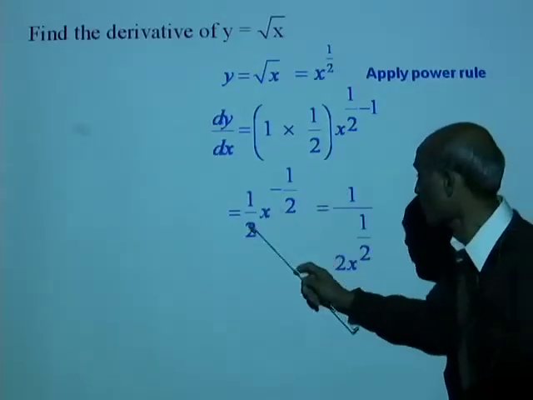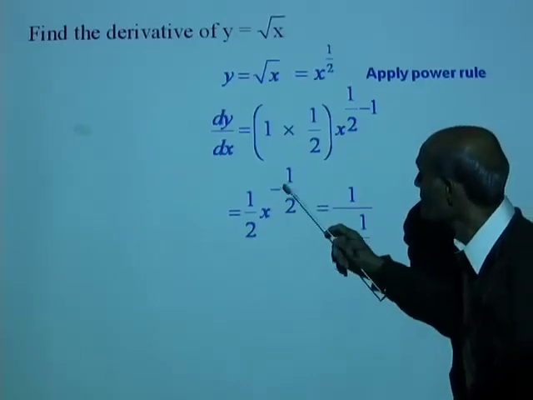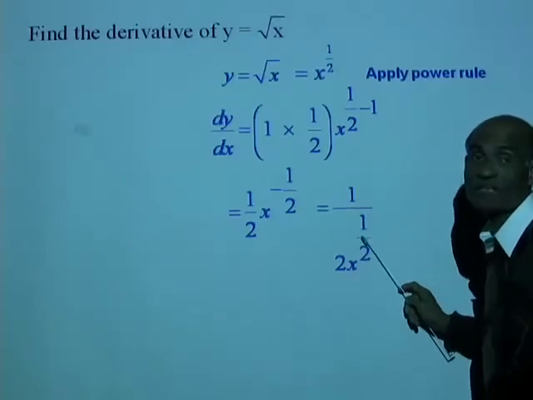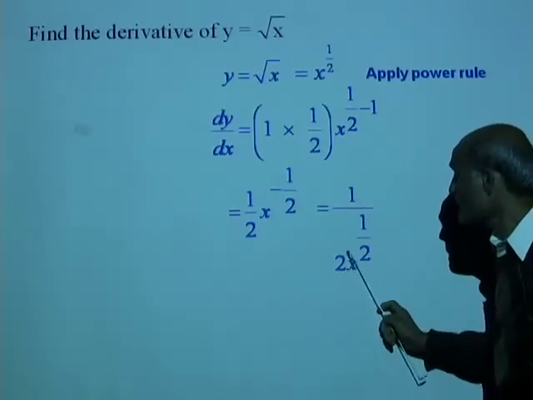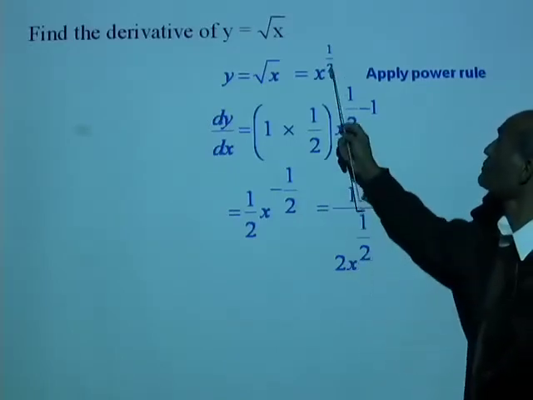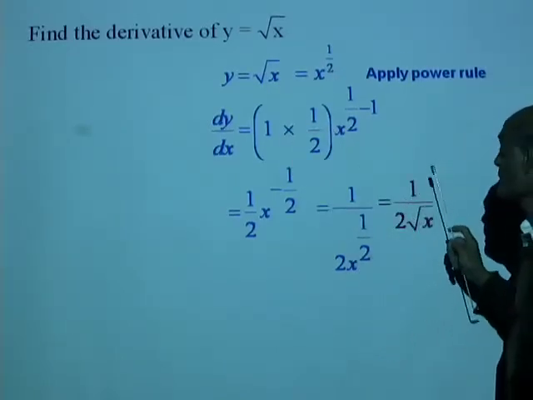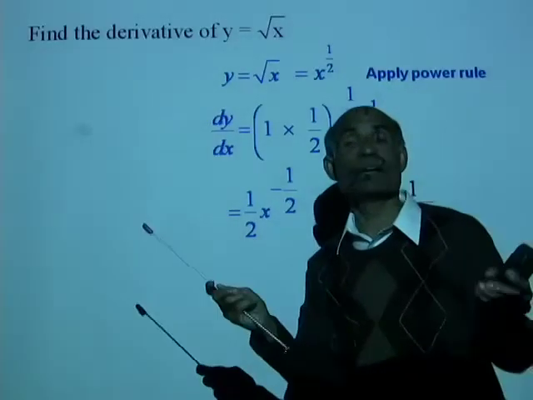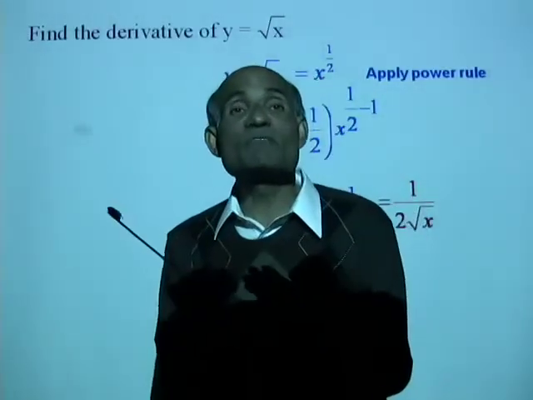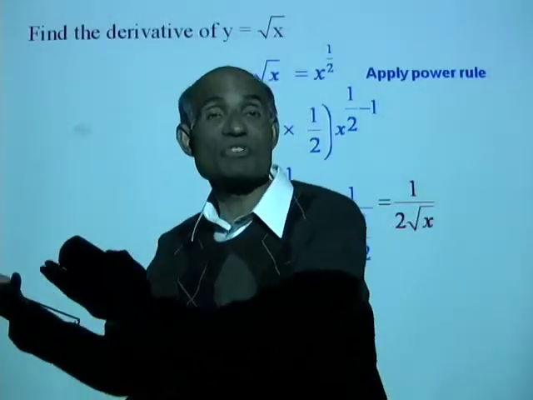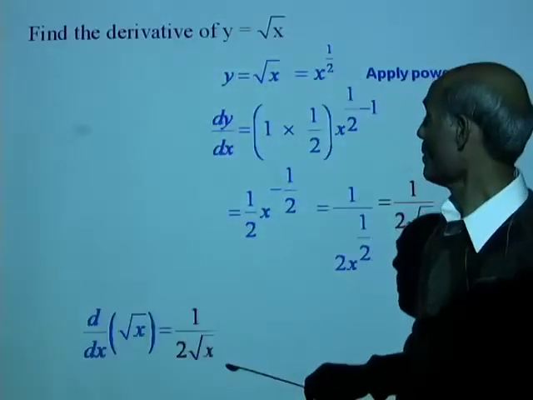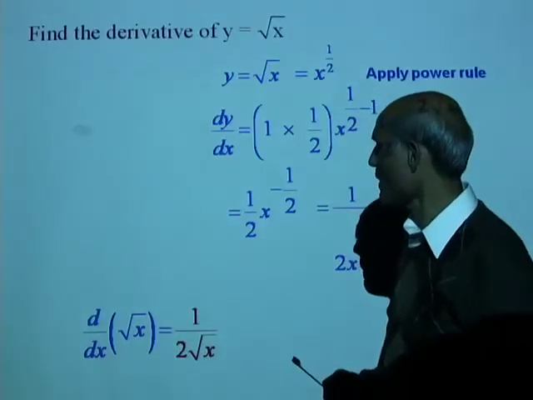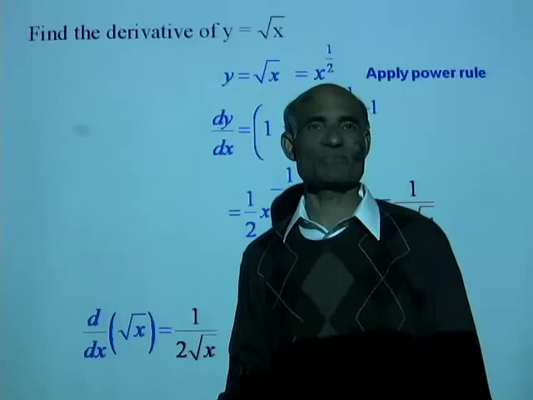So this becomes 1 over 2, and x to the negative half becomes x to the power of positive 1/2 on the denominator. And now we write x to the power of 1/2 as square root of x. So the result is 1 over 2 square root of x. The same result we obtained by using the limiting value of its average rate of change. Alright, so the derivative of square root x with respect to x is 1 over 2 square root of x.